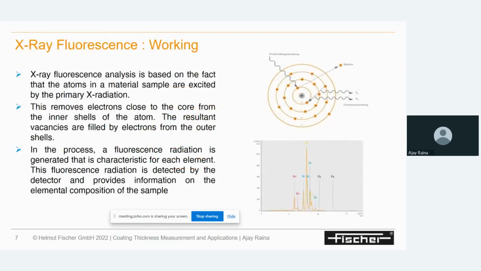If you see from the image here, we can get the information of the sample composition. Whether your sample has gold, copper, brass, or lead, whatever elements are present, we can check it easily.